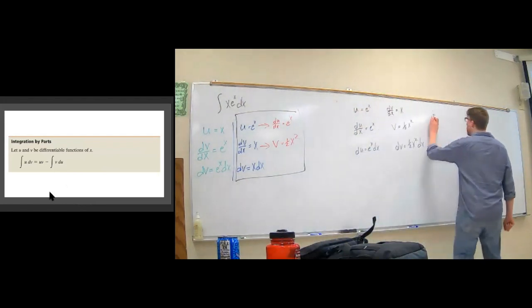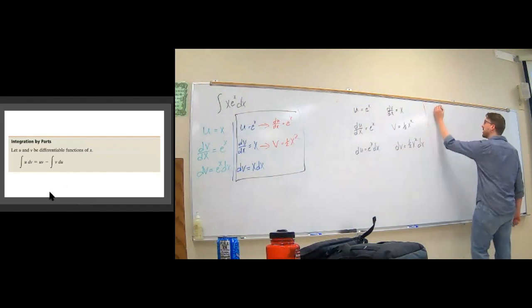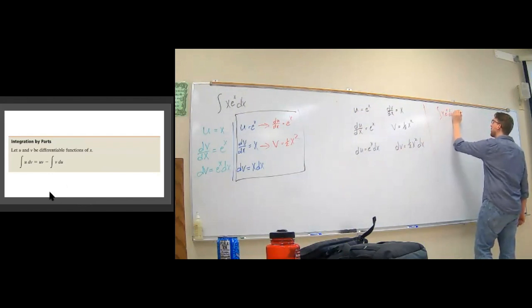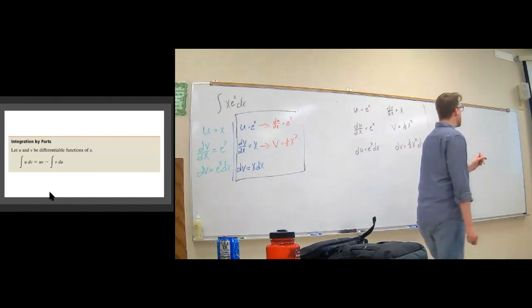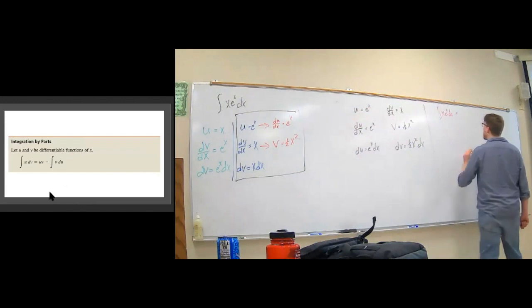Okay, so let's go back to what integration by parts looks like. We're saying, if we try this approach, the integration of x times e to the x with respect to x is equal to u times v. It's going to be e to the x times 1/2 x squared.